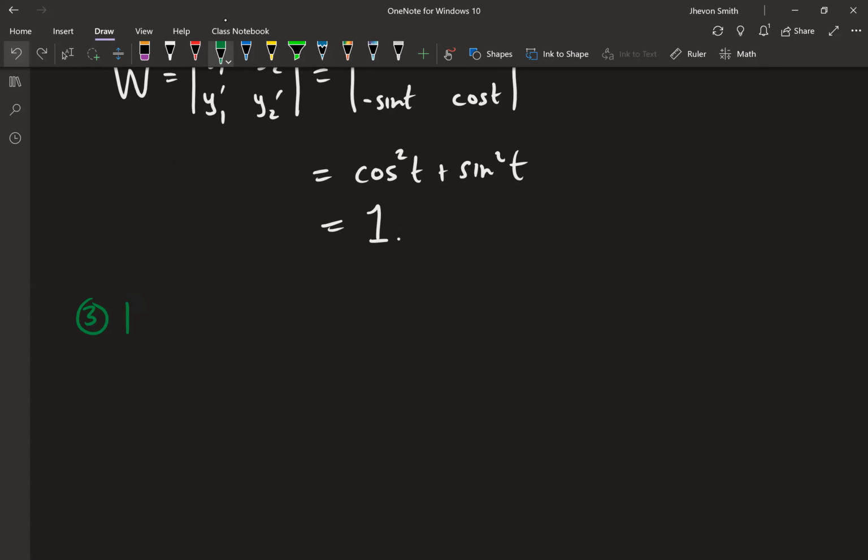And now that leads me to step 3. I'm going to plug into the variation of parameters formula. Use variation of parameters formula to find YP.